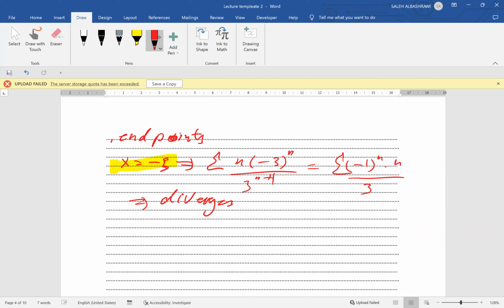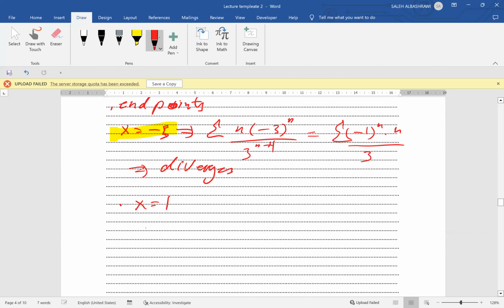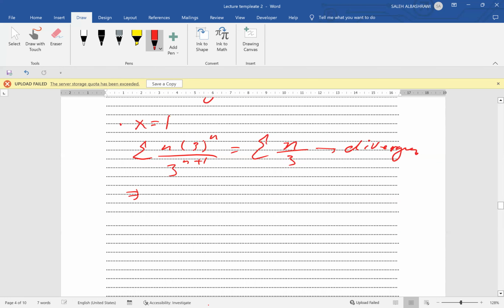For the other endpoint, x equal to 1, we have the sigma of n multiplied by 3 to power n divided by 3 to power n plus 1. That will be again the sigma of n divided by 3, which is also divergent. So the endpoints are not part of the interval of convergence.